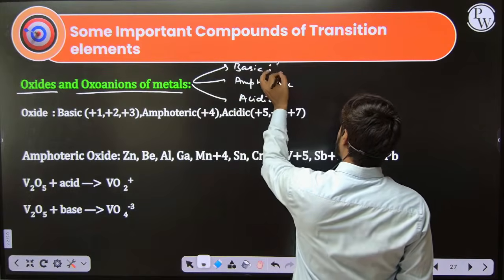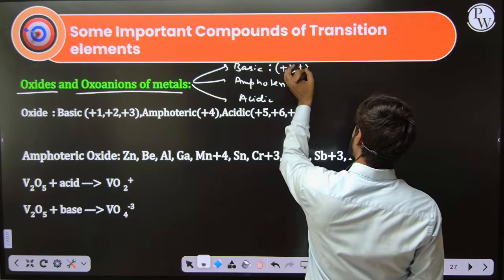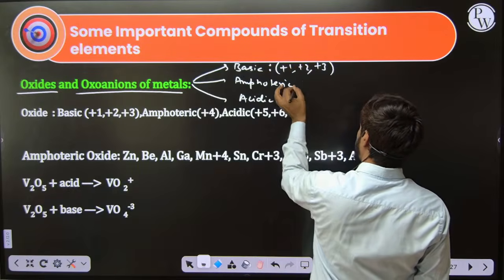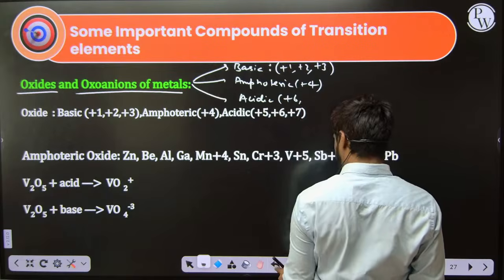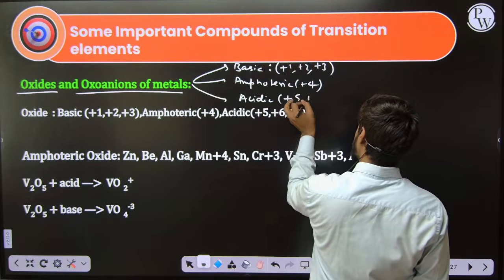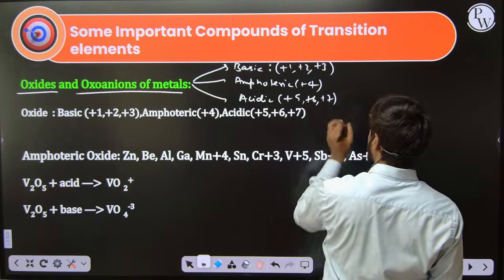It can be basic in case of +1, +2, +3 oxidation states, amphoteric in case of +4, and for +5, +6, +7 it is acidic.